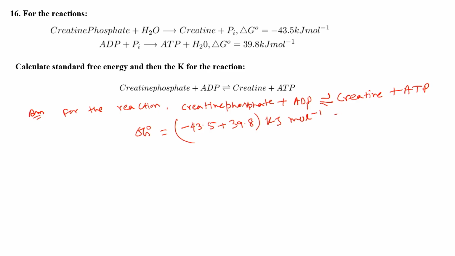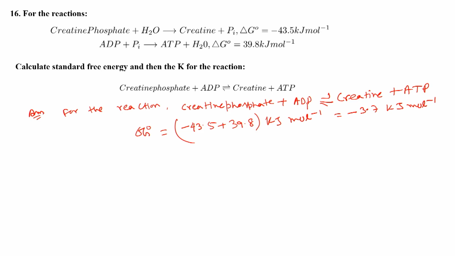So, if we do it, we get the value is minus 3.7 kilojoule per mole. So, once we get the value of delta G naught, we can calculate the equilibrium constant.